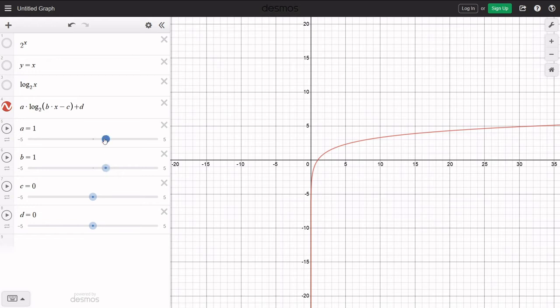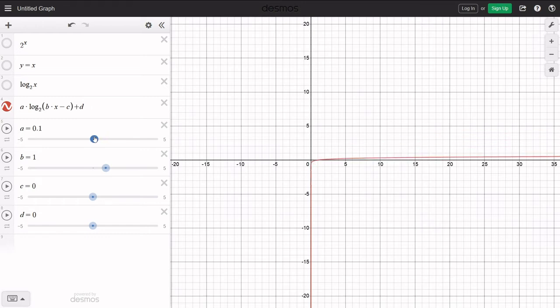Let's start with A. When A is greater than 1, this is a stretch vertically. It's being stretched. Imagine putting your hand here and pulling apart. It's getting stretched more and more. And if it's less than 1, we have a compression vertically.